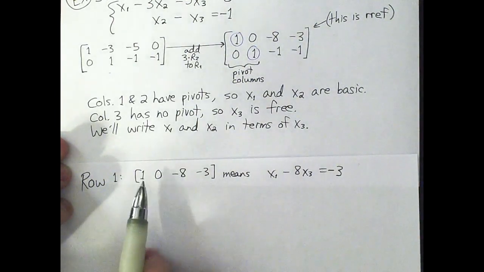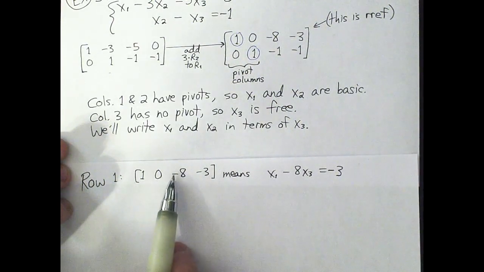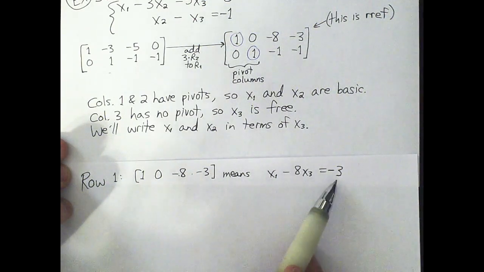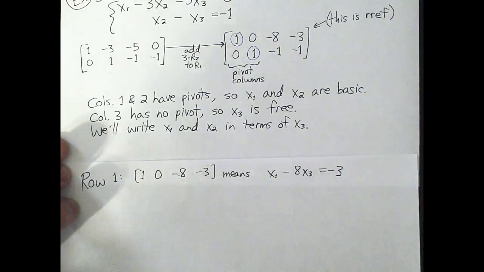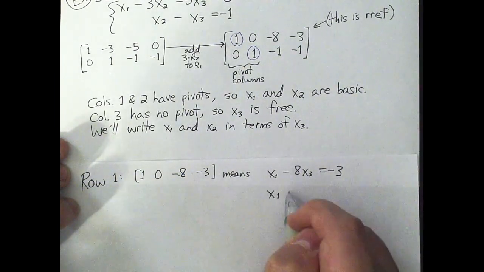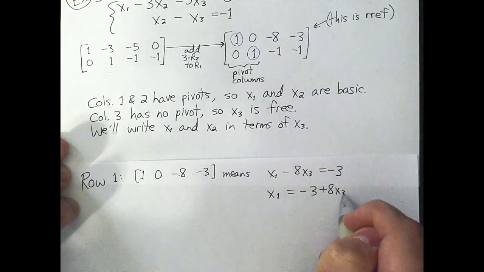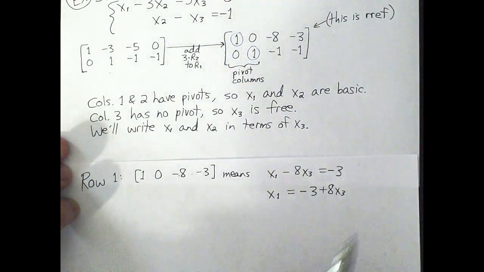Hope everyone can see that there's 1x1 plus 0x2 minus 8x3 equals negative 3. I would like to write x1 in terms of x3. So I'm going to rearrange this to be x1 equals negative 3 plus 8x3. So I just wrote x1 in terms of the free variable.